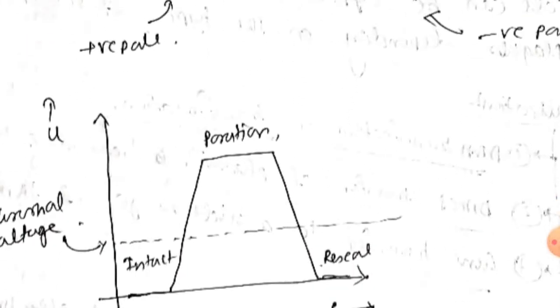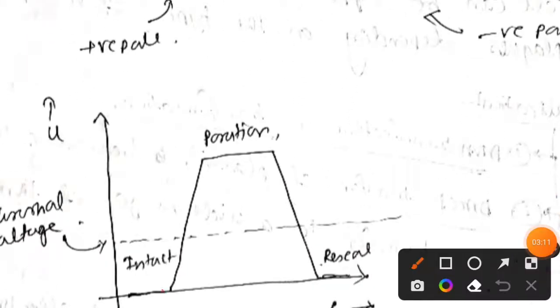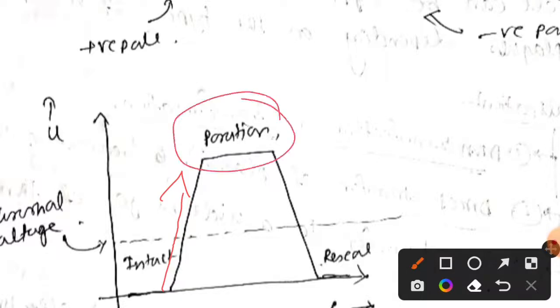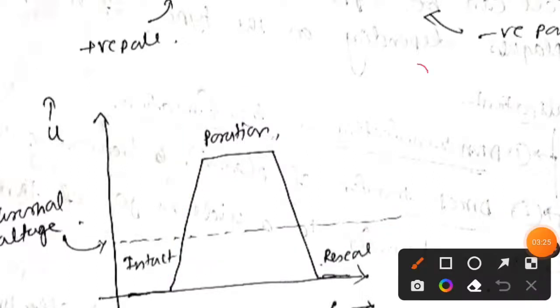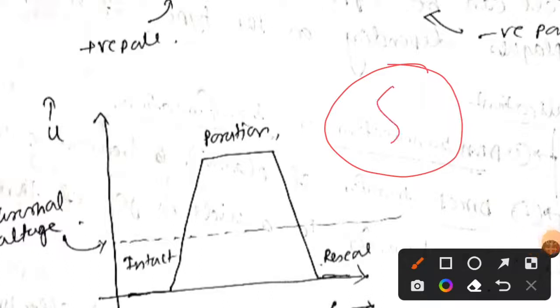As you can see, first we raise the electrical potential, which facilitates the formation of the pore. Then we drop the voltage, which causes the resealing. As a result, the DNA gets entrapped inside the cell.